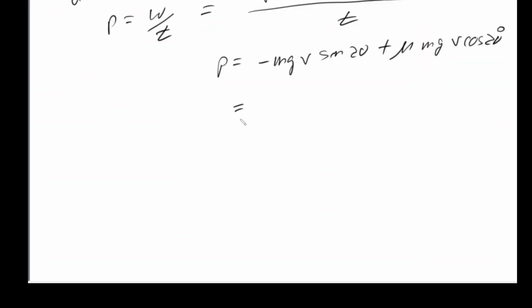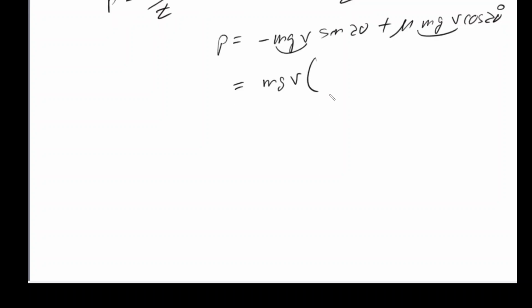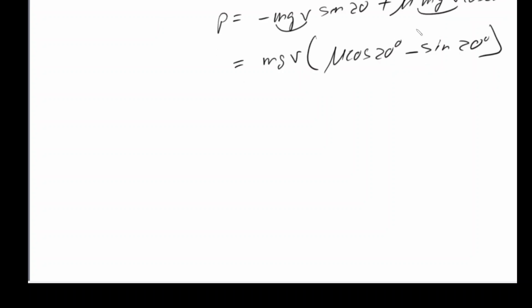which is equal to mgv, if we take this out of both equations, times mu cosine 20 minus sine 20 degrees. Okay, I reversed the minus sign. And we know these amounts.